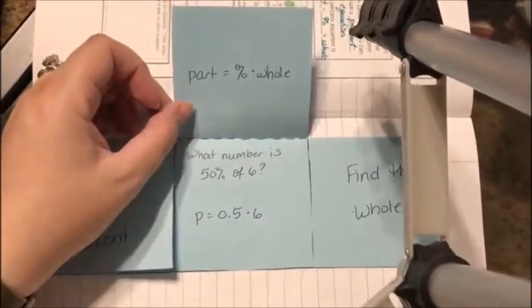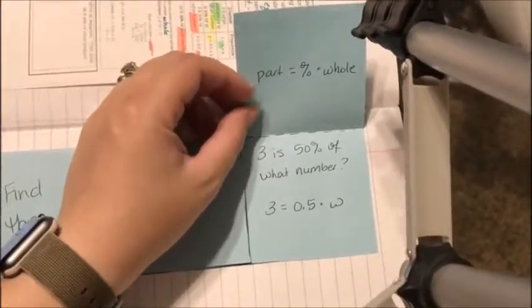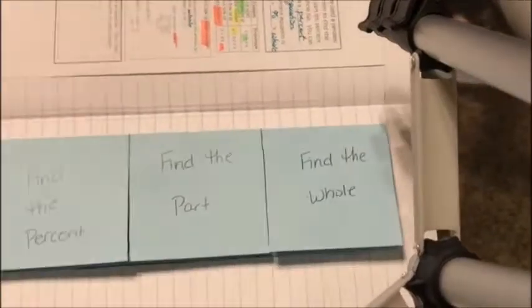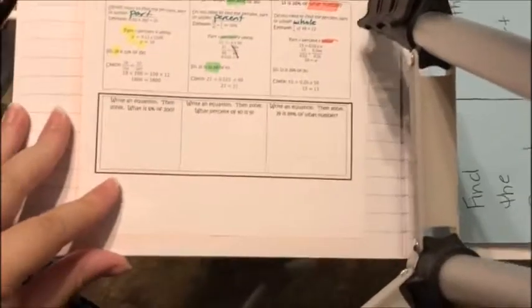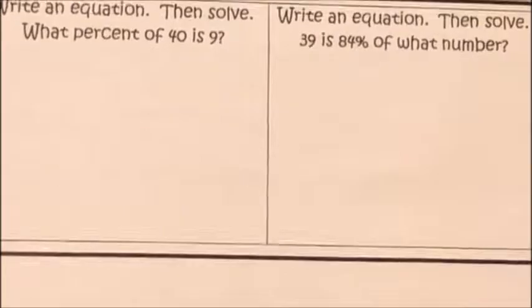I'm looking for a part, or if I'm looking for a whole. So you can use these to remember just in case you forget. All right, go ahead, try the problems out. Just pause the video. When you are done, we will go over the answers together.